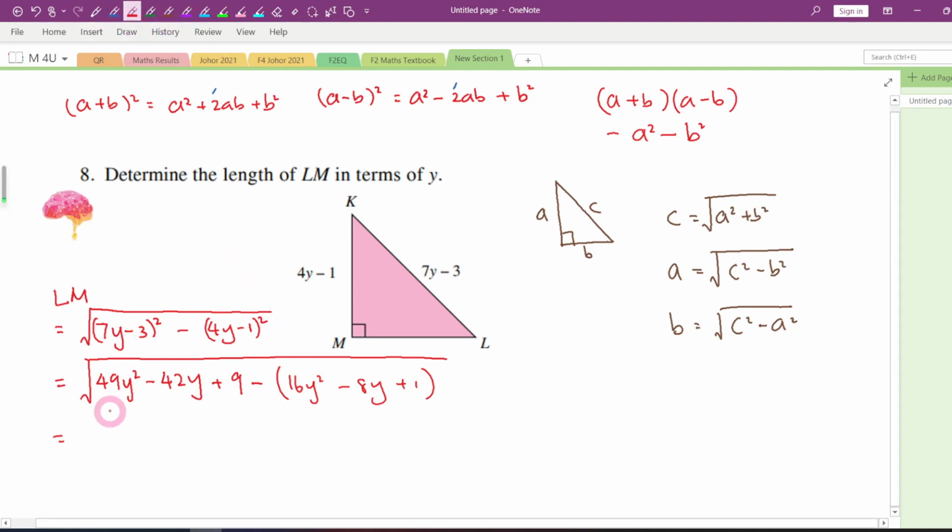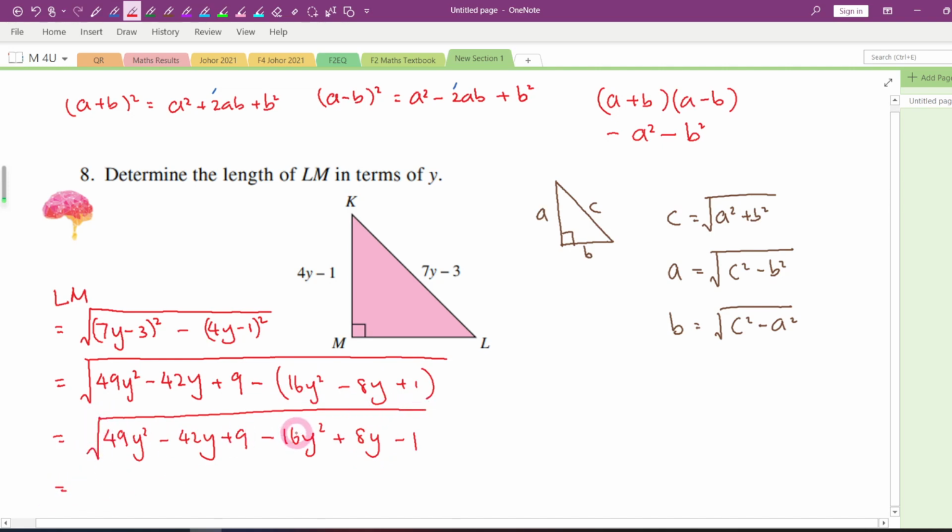Okay, so what I'm going to do here, I'm going to open up the parentheses. Let me open out the parentheses first and write the square root sign later. Copy every single thing. Negative, positive, negative. Negative, negative, positive. So you notice that all the signs here will change because of the negative sign here. Negative, positive, negative. Okay, then draw the square root sign.